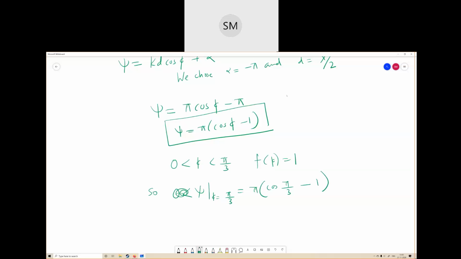What is cos 60 degree? Cos 60 degree is half. So half minus 1, that is minus pi by 2. So F of psi equals 1 for psi from minus pi by 2 to 0.